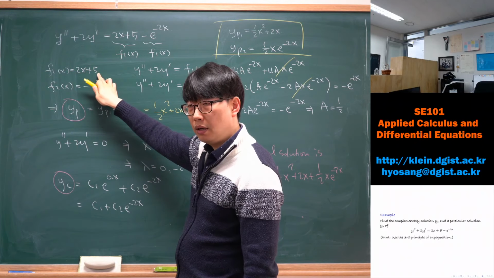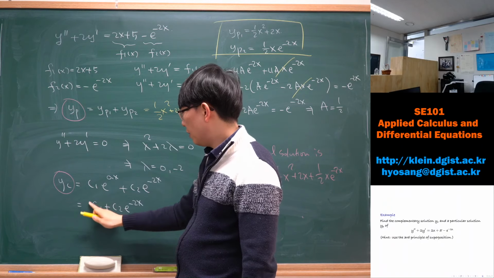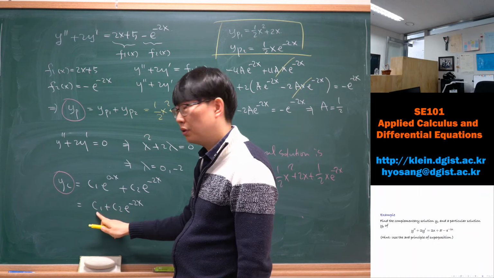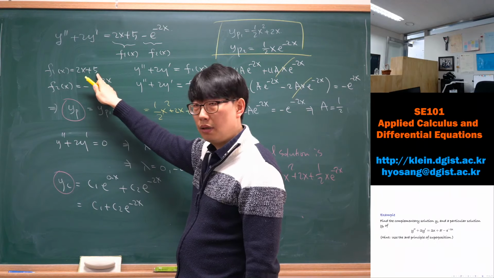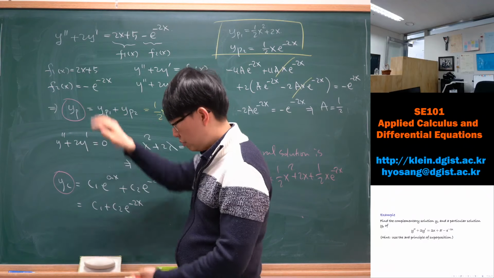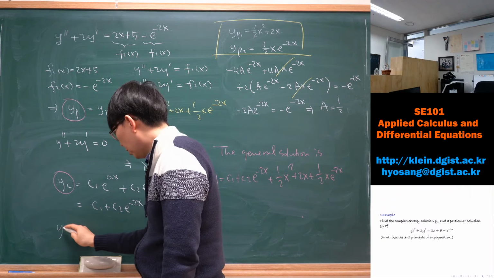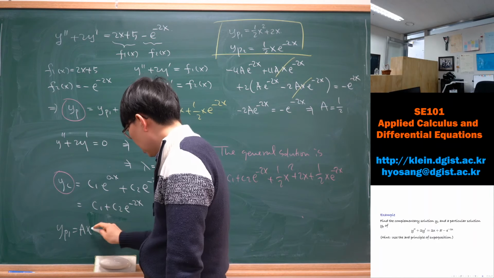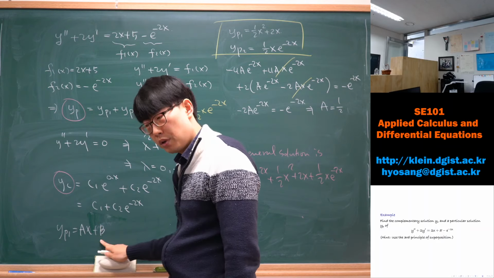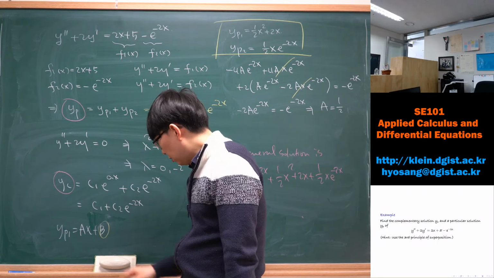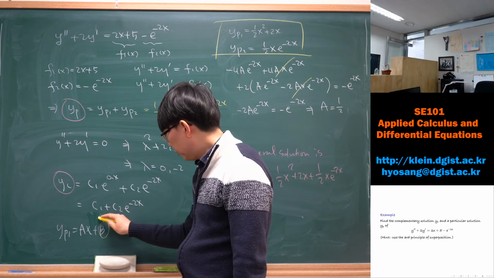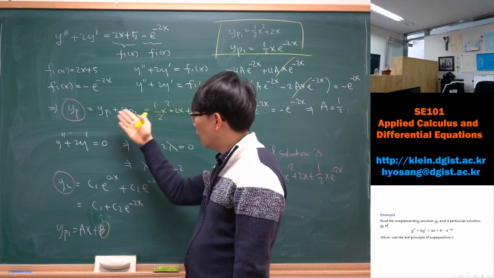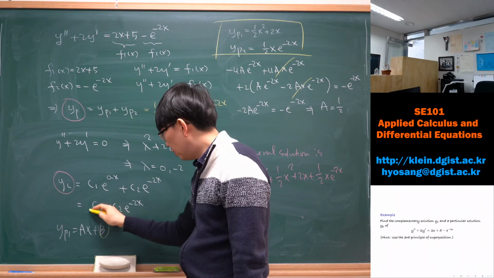So yp1, ax plus b, was our original guess. And the constant term has no effect in the general solution of this differential equation because of this c1 term.